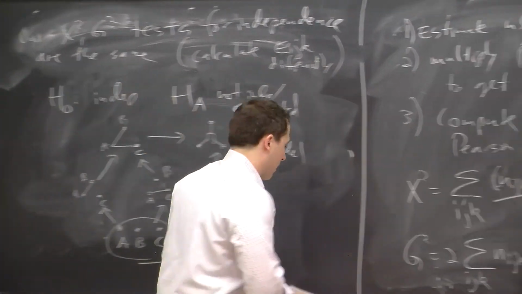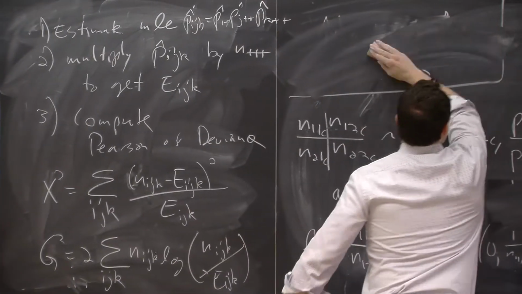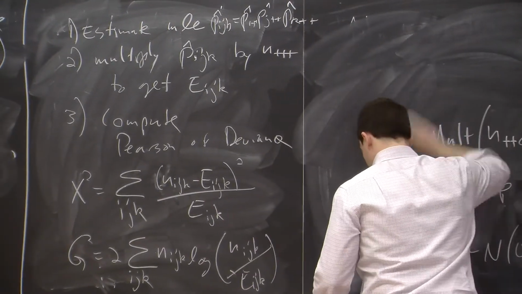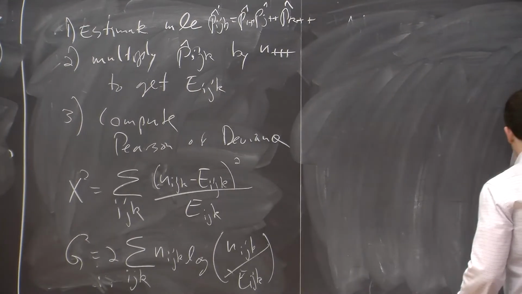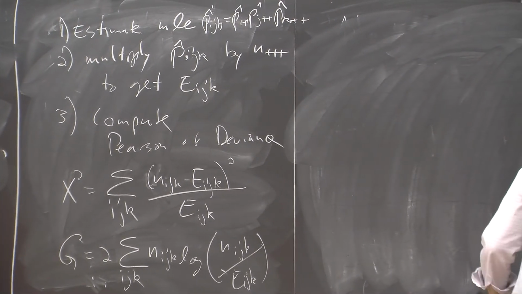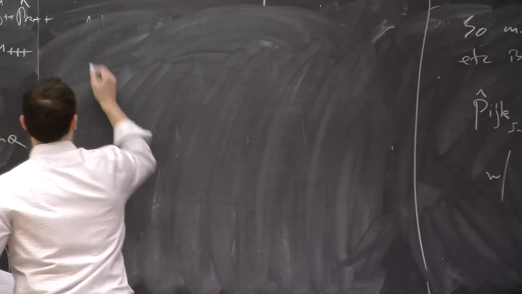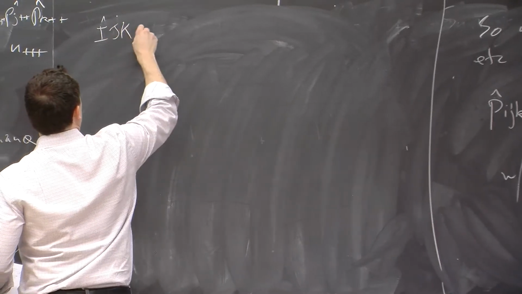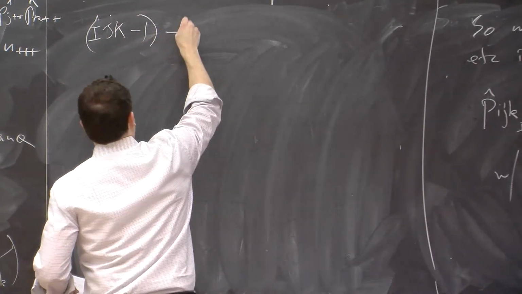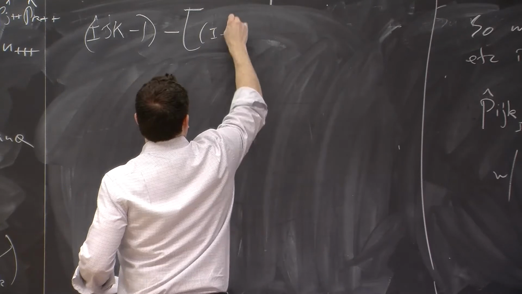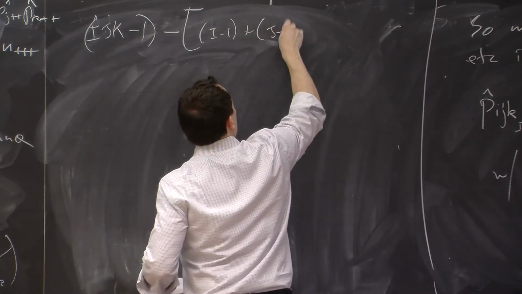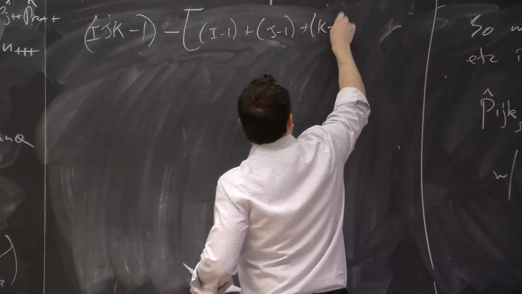So in this case, that degrees of freedom is IJK minus 1 minus the quantity I minus 1 plus J minus 1 plus K minus 1.